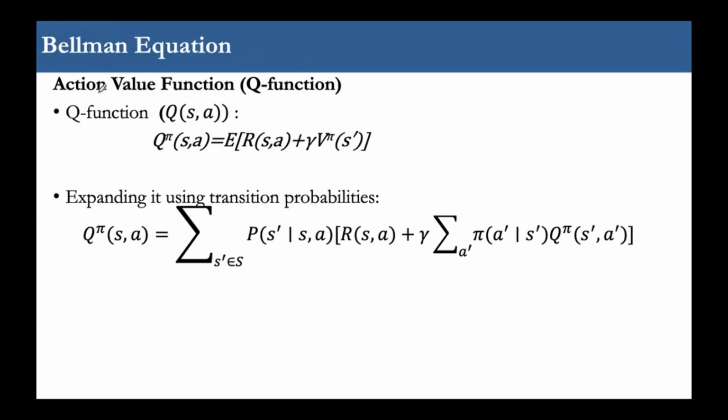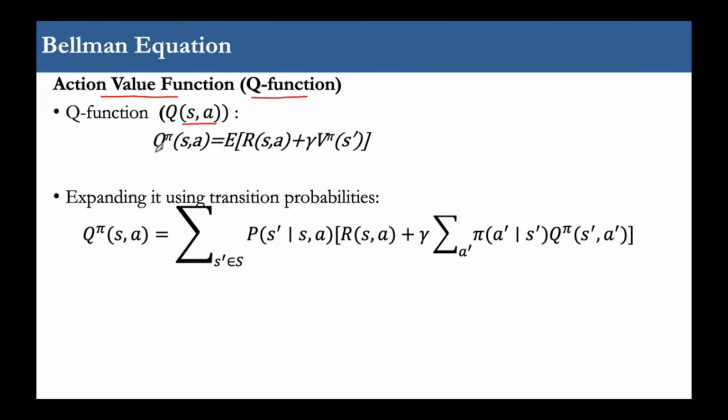Next we will learn about the action value function. The action value function is defined as the Q function. Q function is represented as Q of S comma A, and this represents the expected return for taking an action A in the current state S and following the policy pi.